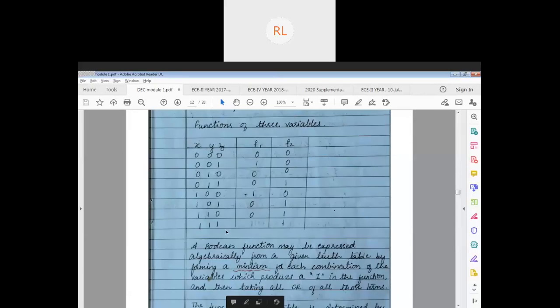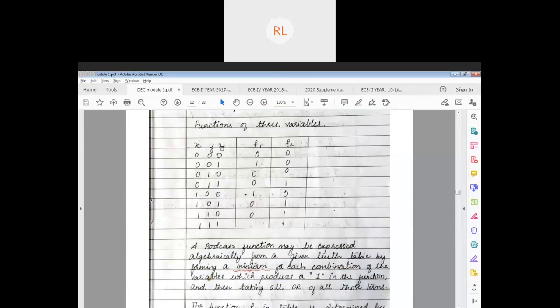Next, only concentrate on f1. In this f1 I have a high value in this combination. Randomly I have placed 1, don't worry about that, just random values. Similarly, I'm getting a high value at 100, and lastly I'm getting a high value at 111.